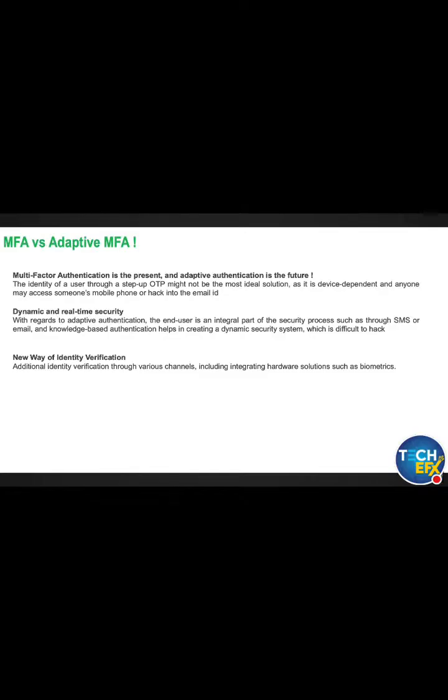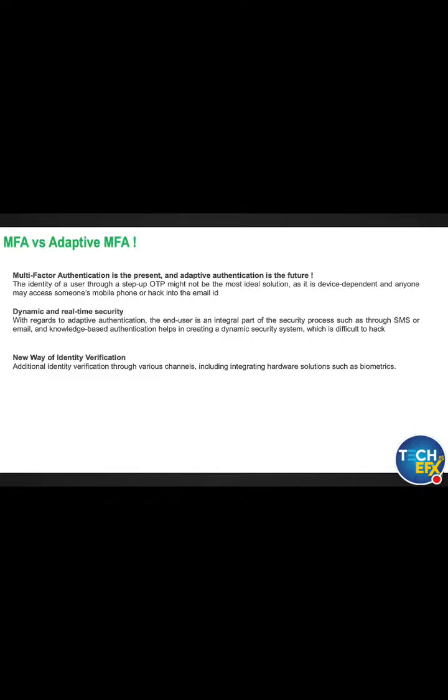Multi-factor authentication is the present and adaptive authentication is the future. While MFA could help in tackling the security issues in the present scenario, enterprises looking at a long-term perspective need to focus on integrating adaptive authentication.